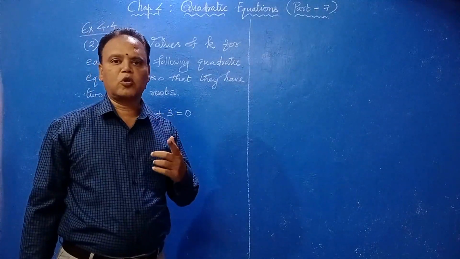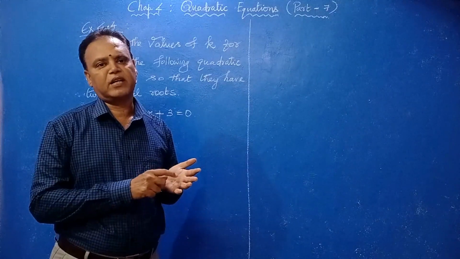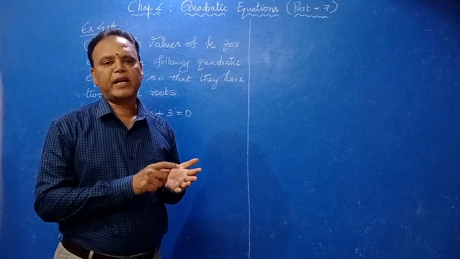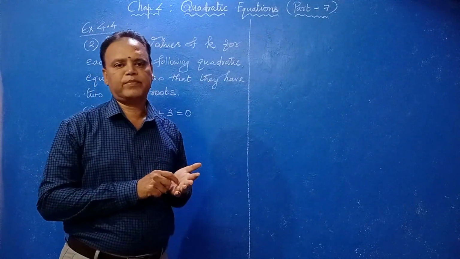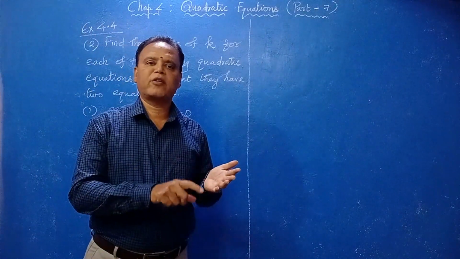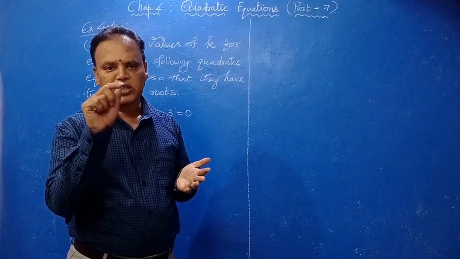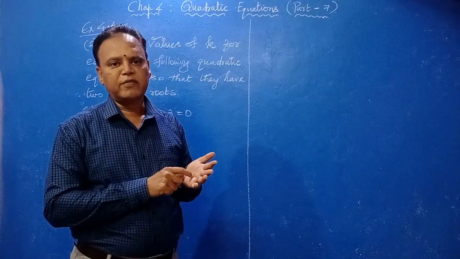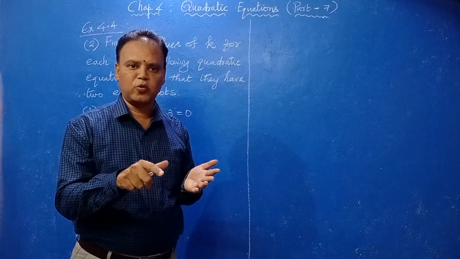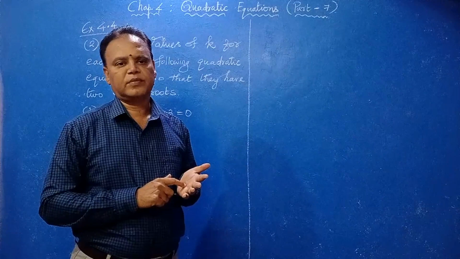For nature of the root, first you have to find out D, that is called discriminant. What is D? B square minus 4AC. Then easily you can find out the nature of the roots. When the D value is greater than 0, that is positive, then the roots are real and distinct, that is unequal.